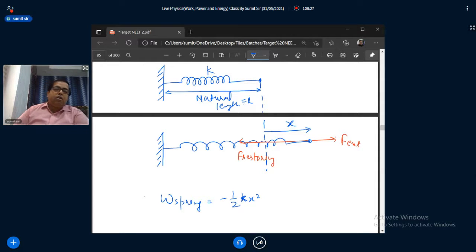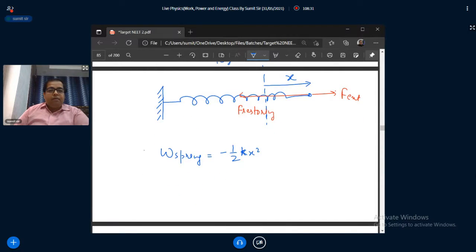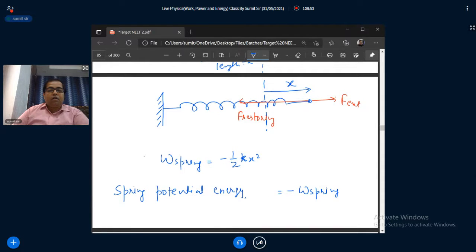We have already calculated work by spring, so we can say spring potential energy is equal to minus of work done by spring, with the reference being zero.